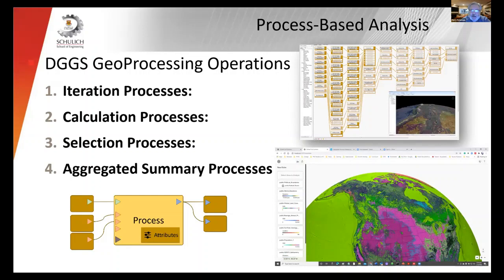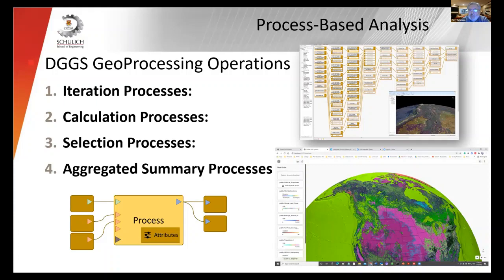I like to think of DGGS operations as really four basic atomic, mutually independent processes. One is iteration. If we think of this from a traditional database, this would be like iterating through indices, and how we quickly transform along those indices.